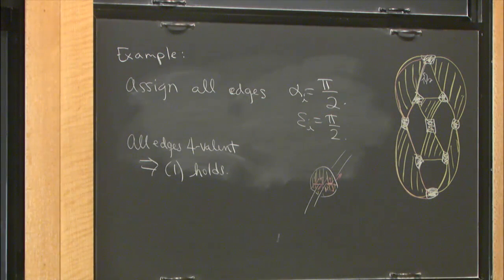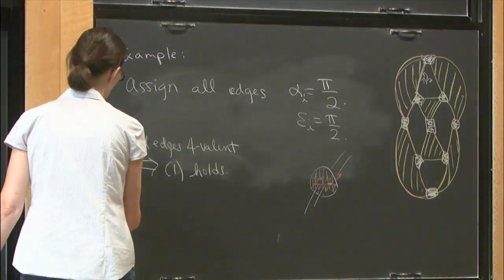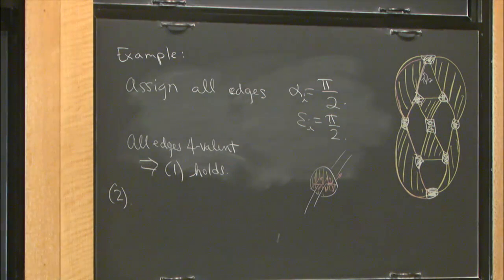Okay, the second condition is a little bit trickier to check. For 2, you need to check that for every normal curve that meets only interior edges, the sum of the exterior angles is at least 2 pi, with equality if and only if it encircles an ideal vertex. This is basically saying something about the number of edges that your normal curves will meet.